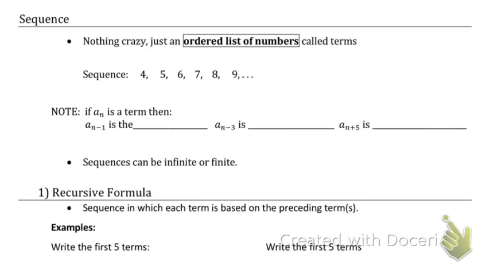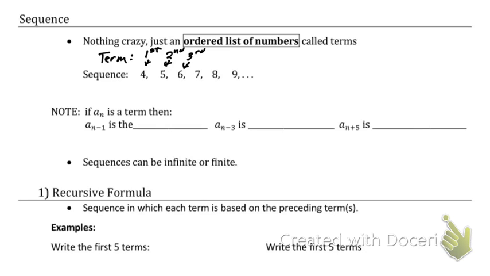Now, with a sequence, if we were just doing regular English, I would just say the first number is 4. The second number is 5. The third number is 6. To make it a little more mathy, we use the word term. In this case, 4 would be your first term, 5 would be your second term, 6 would be your third term.